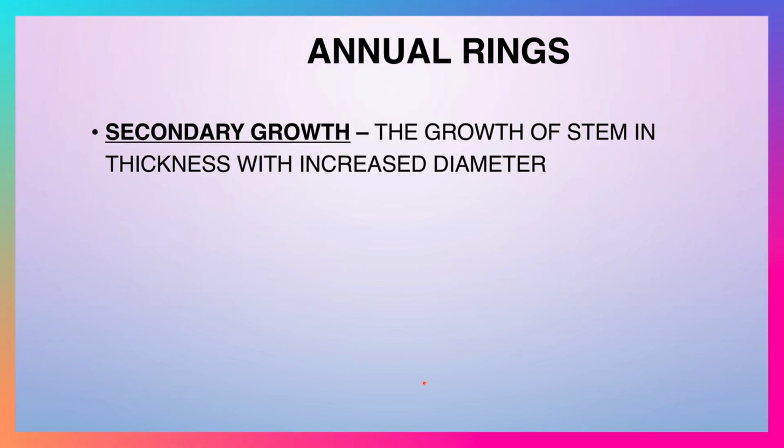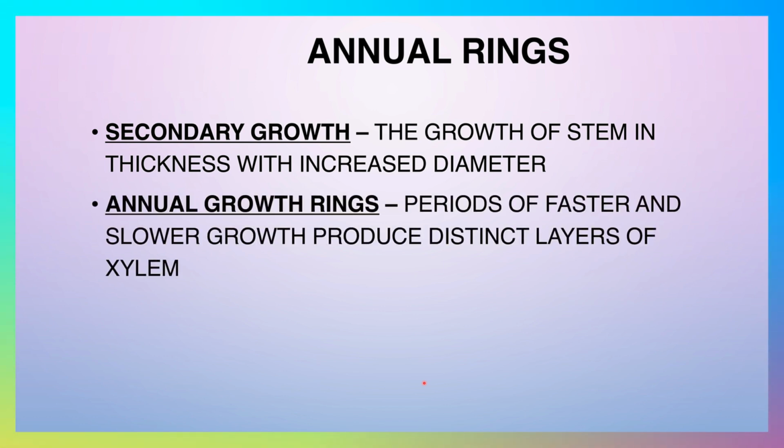How are annual rings formed? This occurs with secondary growth. The secondary growth is the growth in the diameter of the stem with the increasing thickness and increasing diameter. The annual rings are formed because of periods of faster and slower growth, which produce distinct layers of xylem.